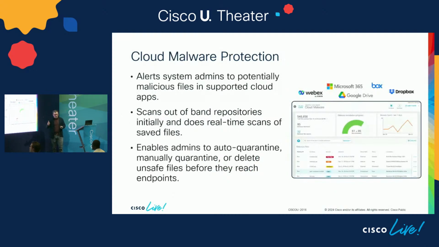Okay, then we also have cloud malware protection. Also fits into this CASB capability. This one can detect and remove malicious files from these cloud storage applications listed here. It's great to save files there, store files there, but how about if this is a malicious file? Well, we can integrate Umbrella with these applications and then enable this feature.